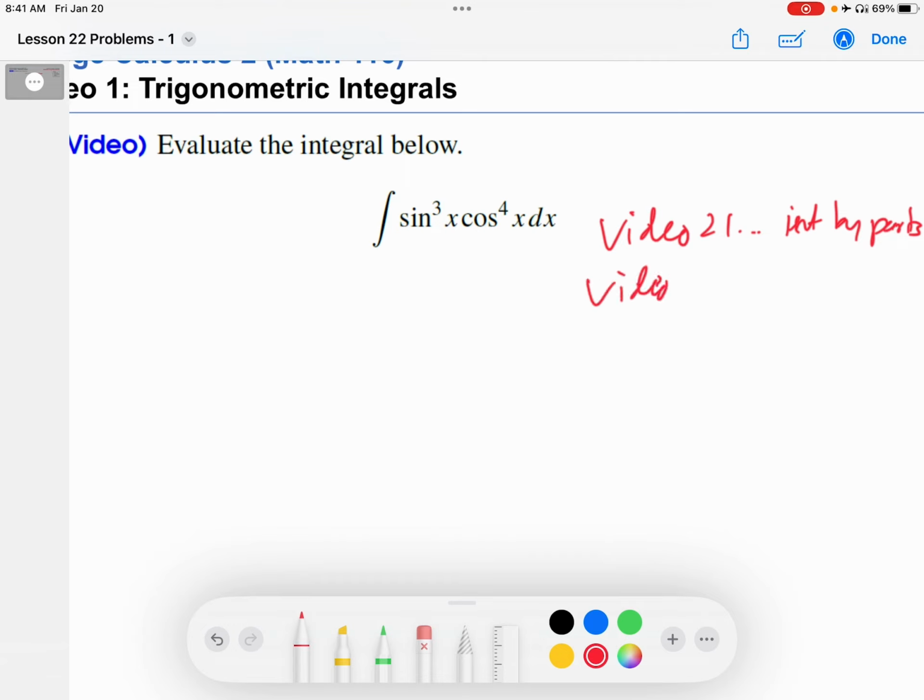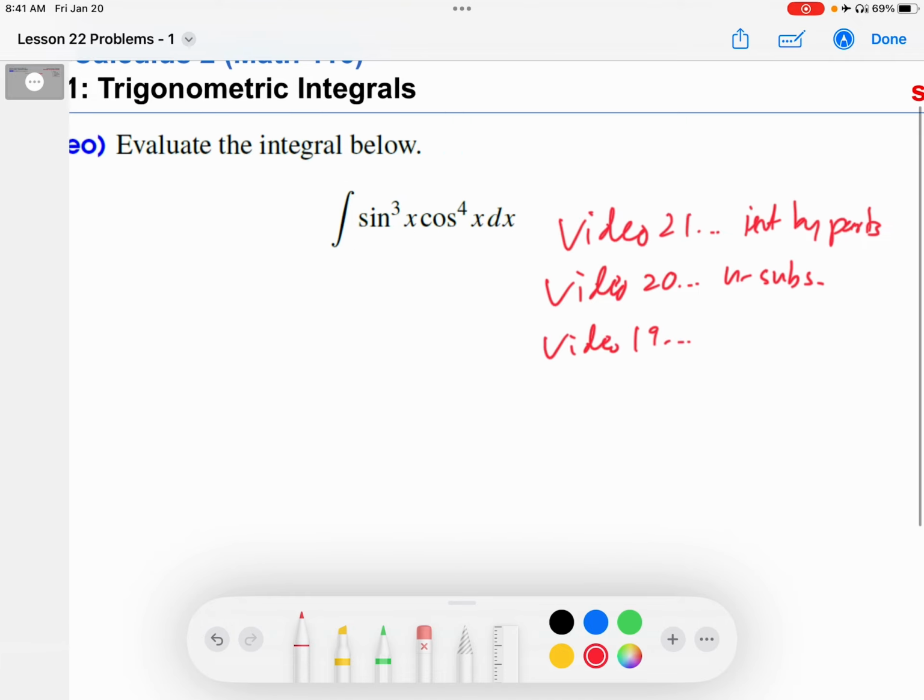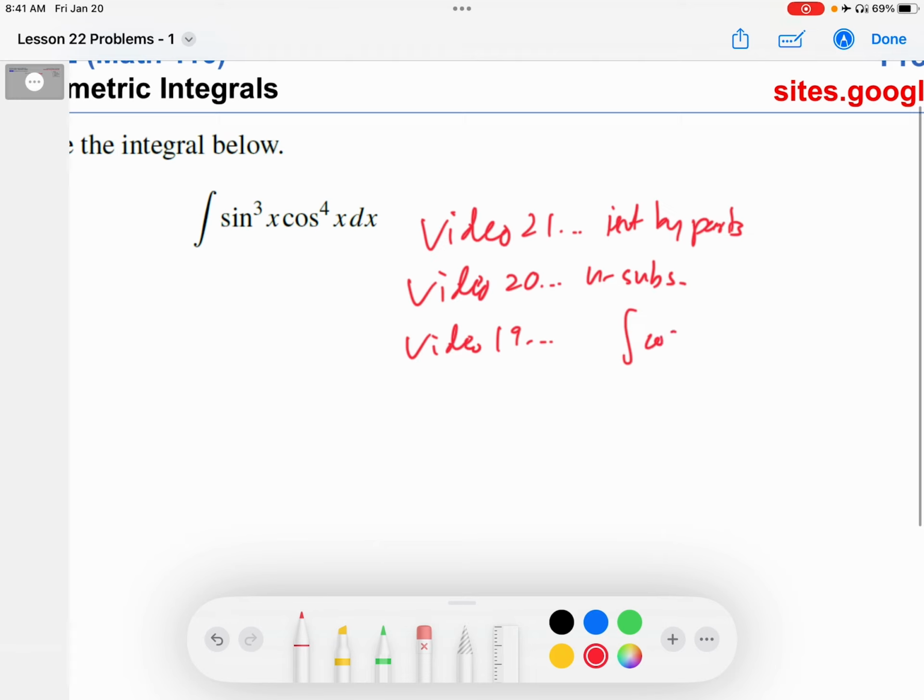Or maybe you need something a little simpler, like discussed in videos in lesson 20, something like u-substitution. We'll use that in this video. At the end of the day, we'll also use some basic integration facts, for example, that the antiderivative of cosine is sine x, right? So I'll send you to the videos in lesson 19, which review some of that.